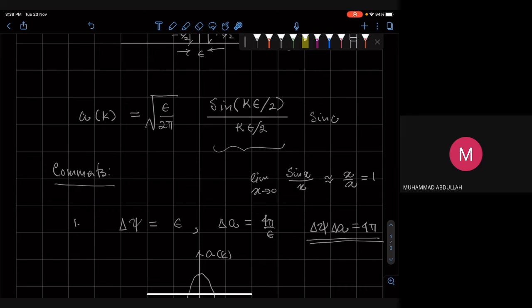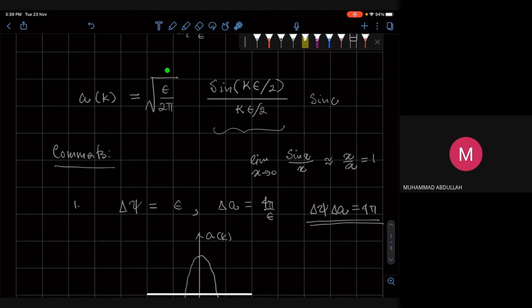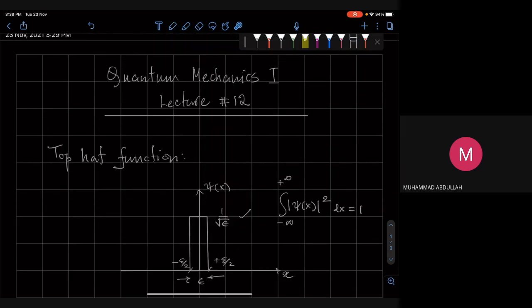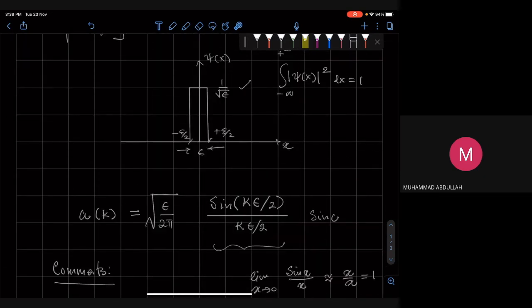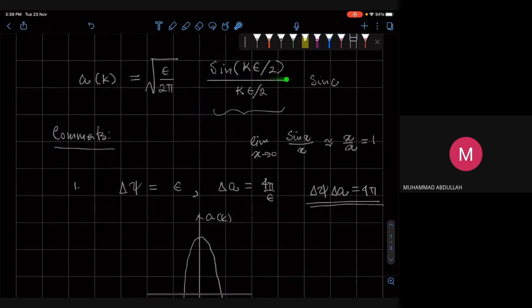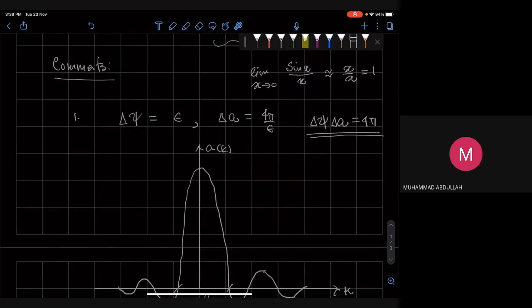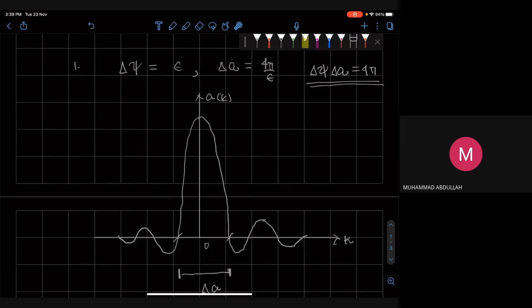Similarly, you can show that the norm of this function is also independent of epsilon, and it also is unity. That follows from the fact that this is obtained from a Fourier transform, and Parseval's formula tells us that the norm of this function is equal to the norm of this function, and therefore, if this function is normalized to unity, its Fourier transform is also normalized to unity. Okay, so this is comment number 1.